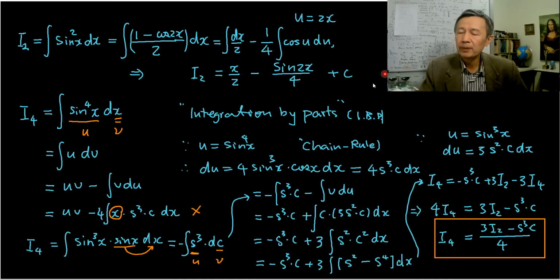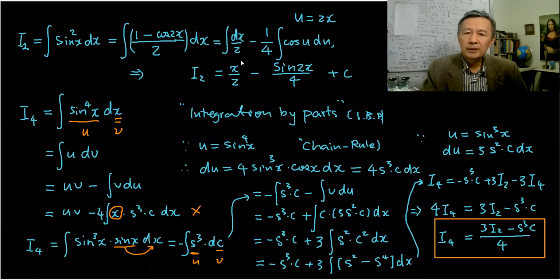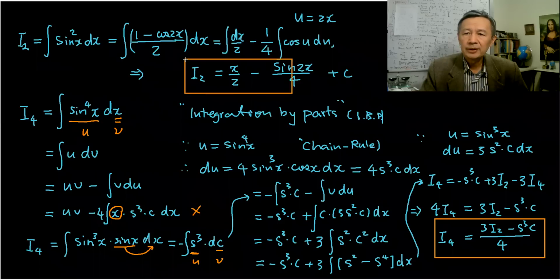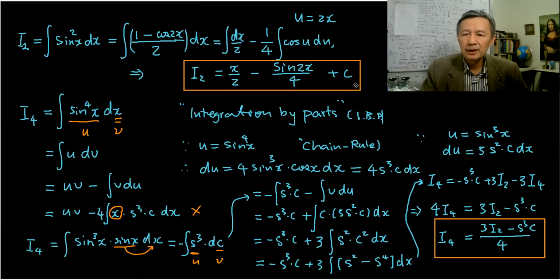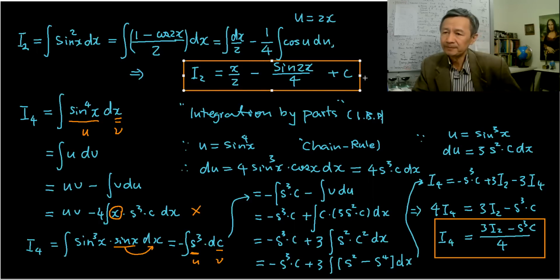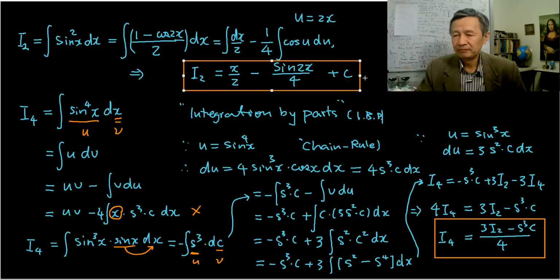So basically, you can use I2 in the formula. Of course, during examination, you have to use proper notation to simplify or speed up your derivation, to save time, because it's important that you reduce the time spent on each problem.